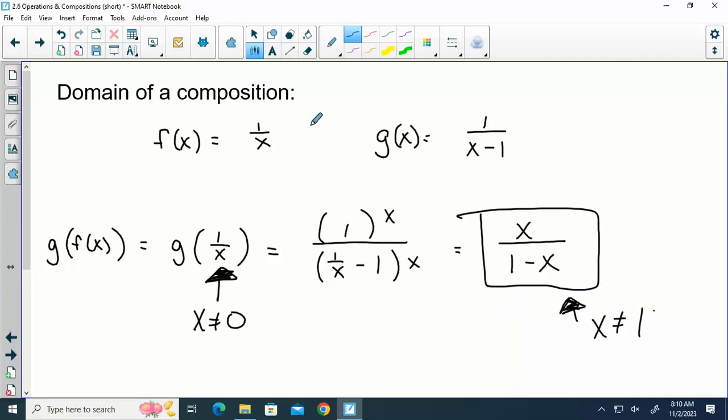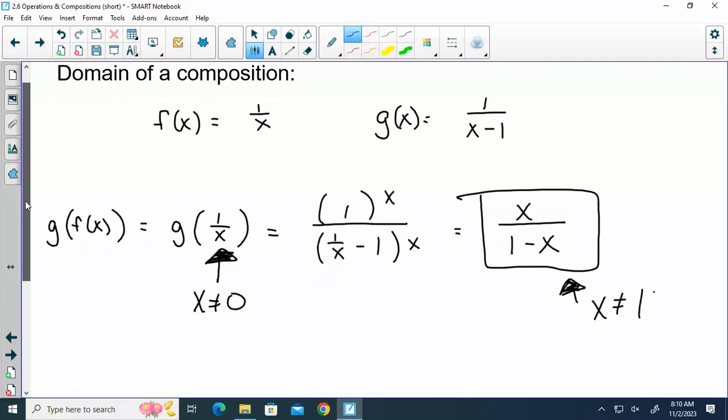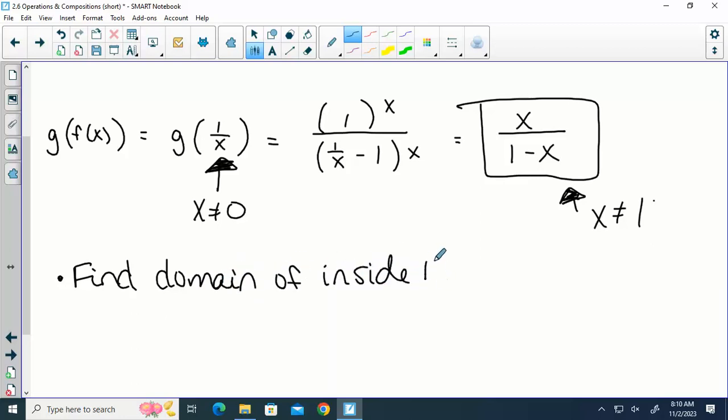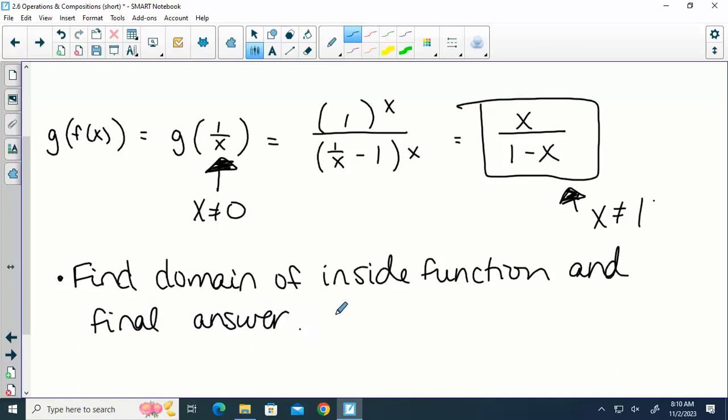So for a domain of a composition, there are two places we have to look. We have to find the domain of the inside function and the final answer. Combine these.